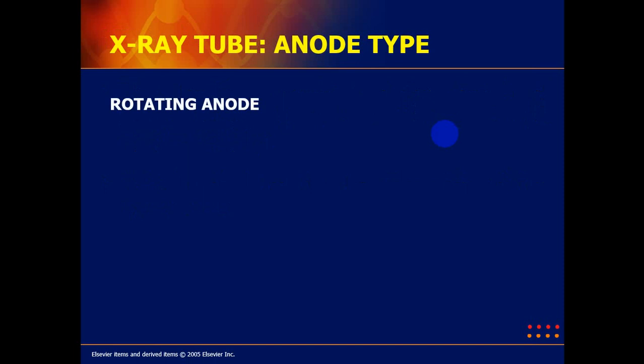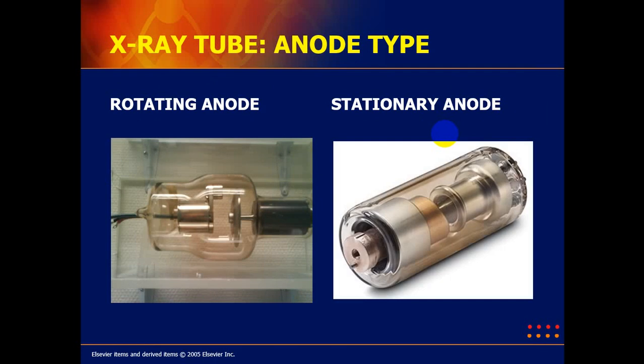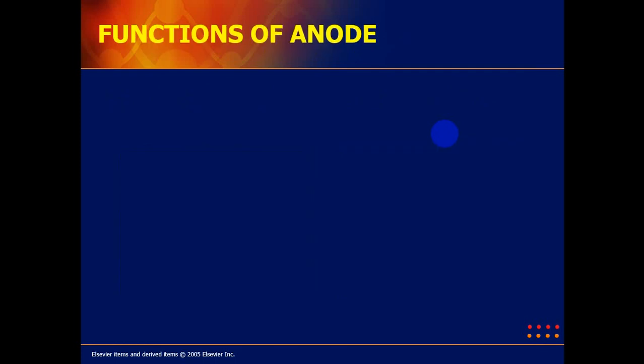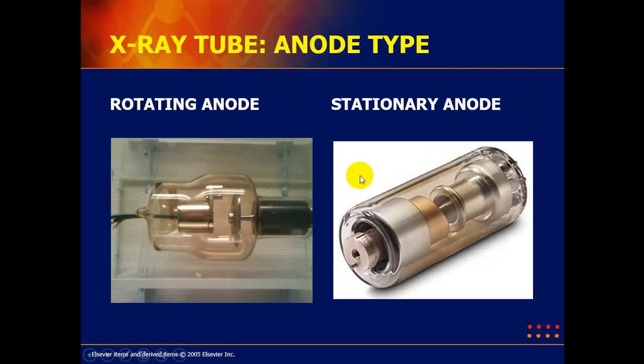Anode type. So we have two different types of anode, the rotating anode and the stationary anode. Usually, ang ginagamit sa stationary anode is yung mga dental and mammography kasi it doesn't need too much heat during the procedure.